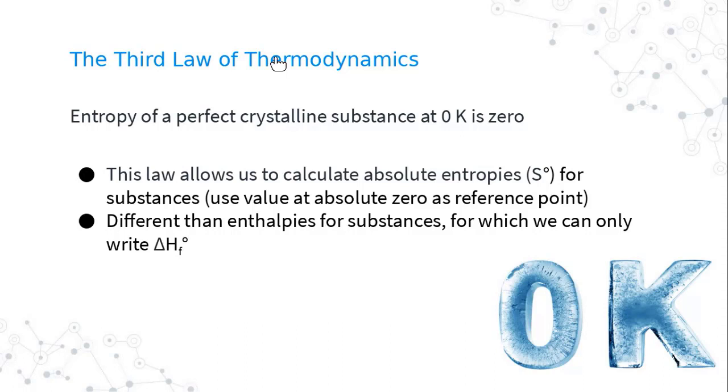But because this third law of thermodynamics exists, we can create this table of values. This is different than the enthalpies for substances, which I also mentioned briefly earlier, where we can only write the delta H of formation, but that's not necessary for this because we can say that the entropy of a perfect crystalline substance at 0 Kelvin is 0.